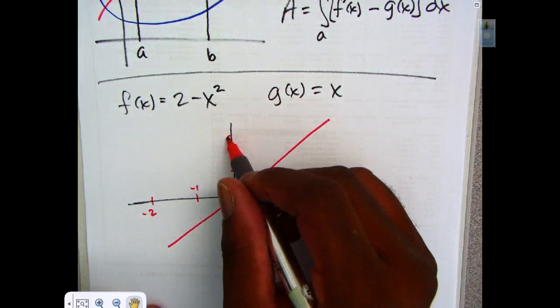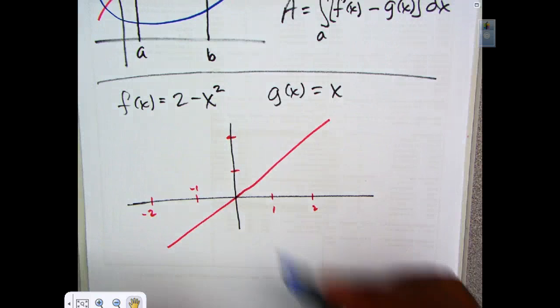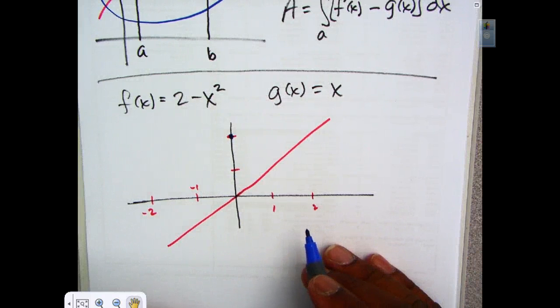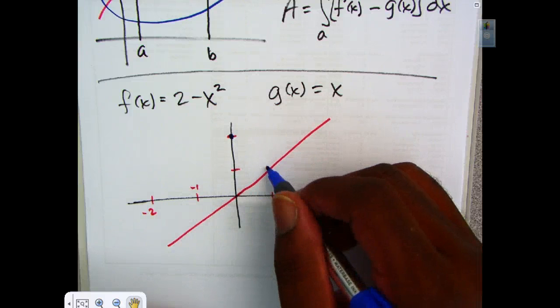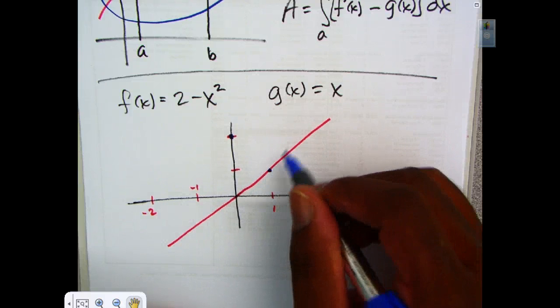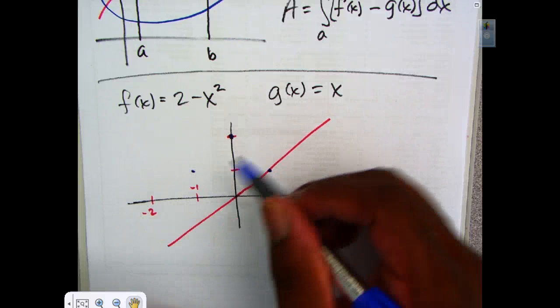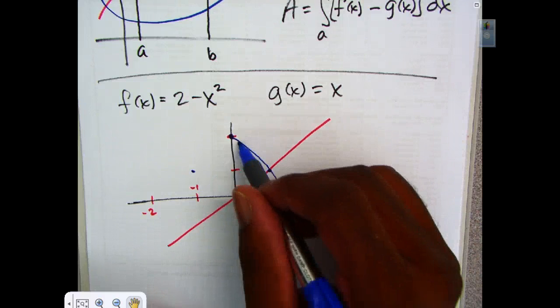Well, we know that our y-intercept is at 2. Right? Okay, when x is 1, y is 1. When x is negative 1, y is also 1. So our graph will do something like this.